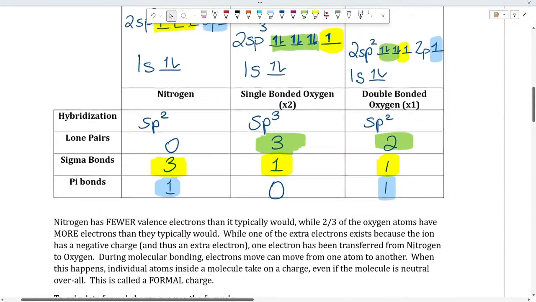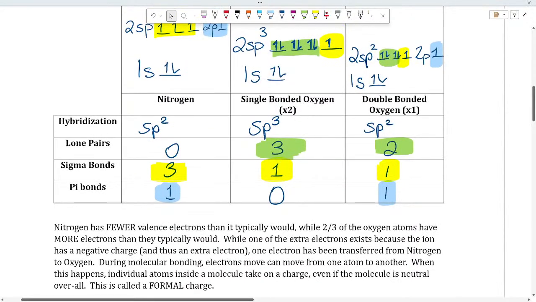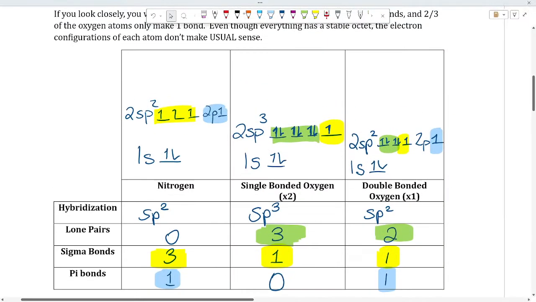Okay, let's focus in. Shh. Now, here's what I want to note. This is 1 fewer than N normally has, right? How many valence electrons does N normally have? 1, 2, 3, 4, 5. How many does it have here? 1, 2, 3, 4.